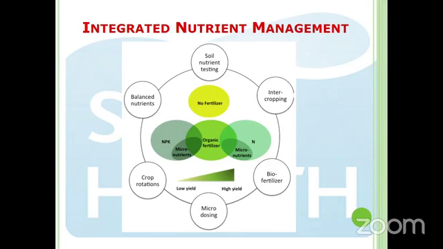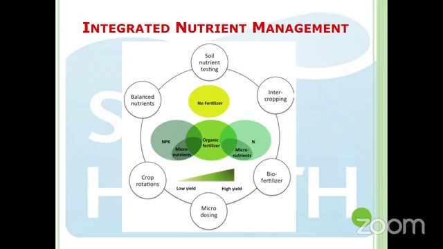And at the center of the slide you can see that we have tried to show the darkest green color, where the micronutrients, NPK and organic fertilizer are used together. You will see the darkest color, that is, the highest yield.